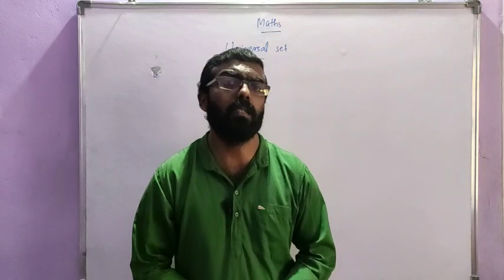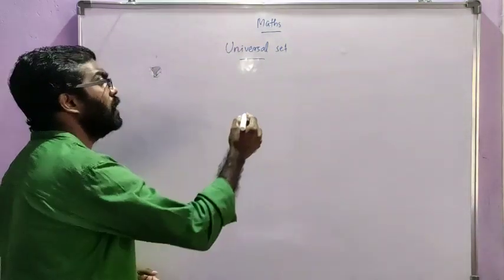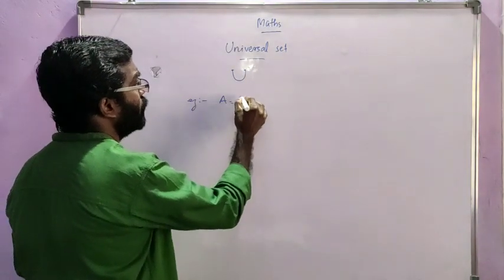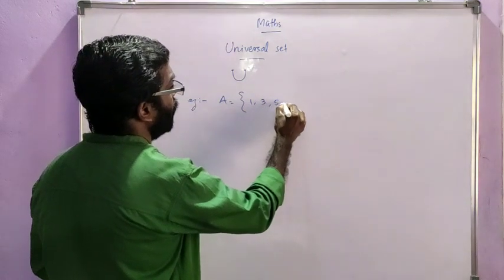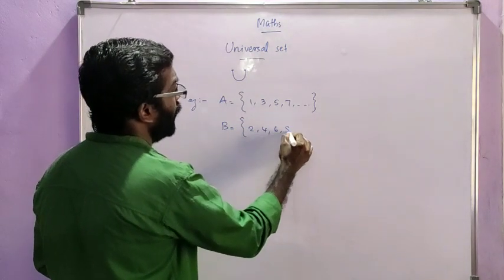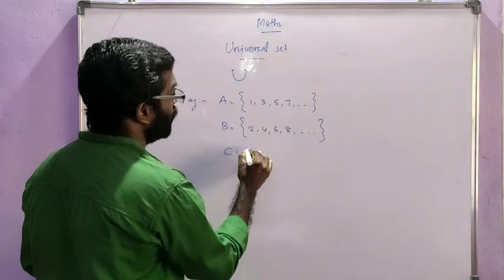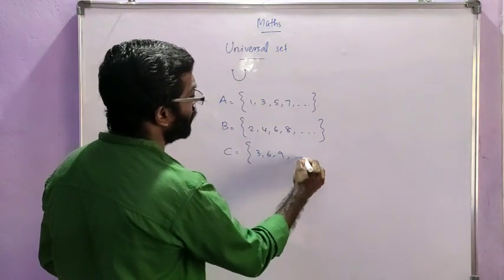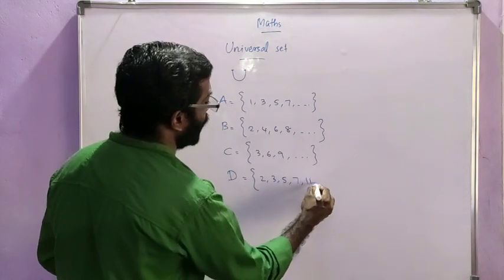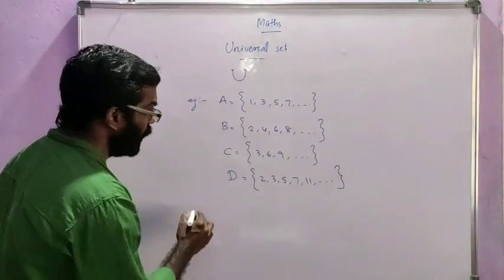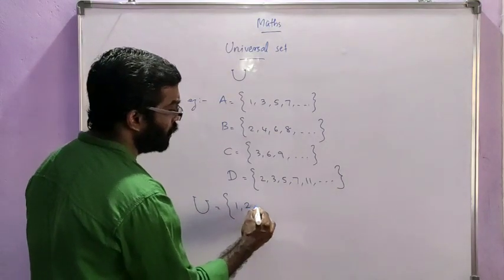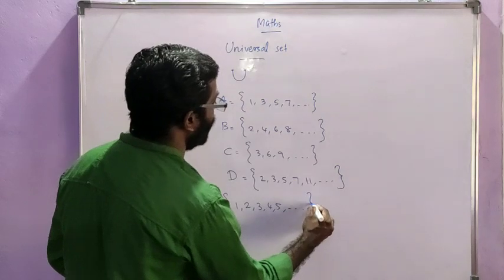That superset is known as the universal set, and it is denoted by U. For example, if A is equal to {1, 3, 5, 7, ...}, B is equal to {2, 4, 6, 8, ...}, C is equal to {3, 6, 9, ...}, and D is equal to {2, 3, 5, 7, 11, ...}, here I take the universal set U as the set of all natural numbers 1, 2, 3, 4, 5, and so on.